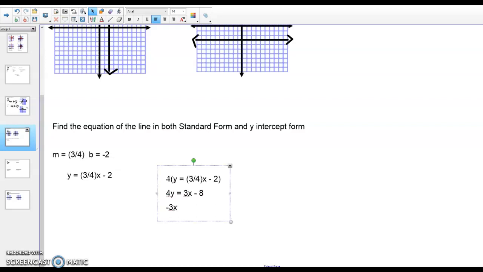We want to subtract 3x on both sides. And then remember, I need no fractions. I need the x and y's on the same side. But I also need the x to be positive. So what I'm going to do is multiply everything in this equation of a line by a negative 1. So this becomes 3x minus 4y equals 8. And that is my standard form answer.